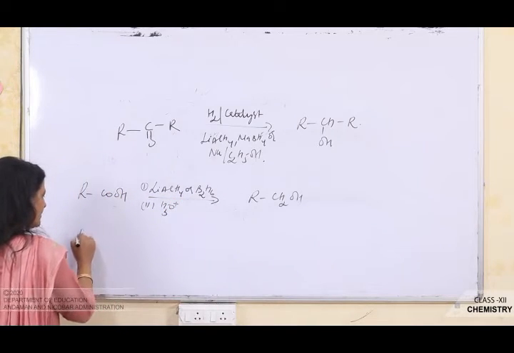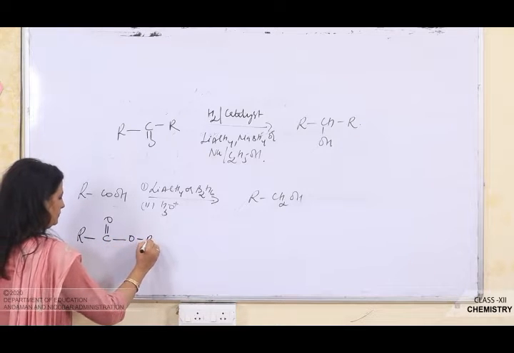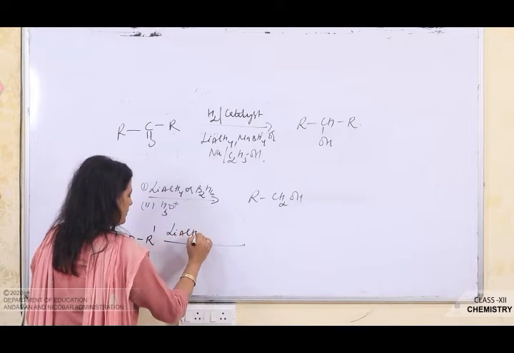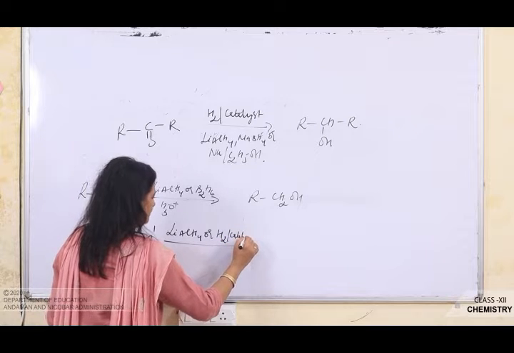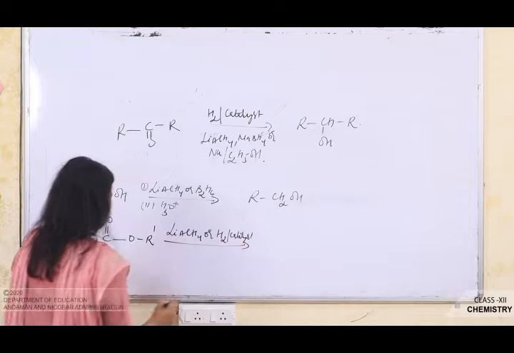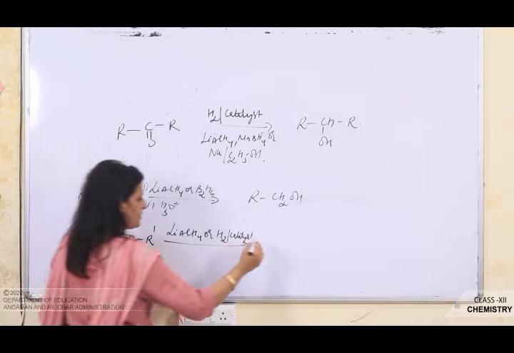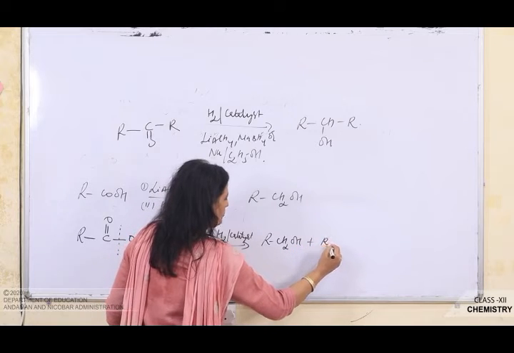Next is esters. Esters are reduced by lithium aluminum hydride or hydrogen in presence of a catalyst to corresponding primary alcohol. See where the bond is breaking? The bond will break here, and you are going to get RCH2OH plus R'OH.